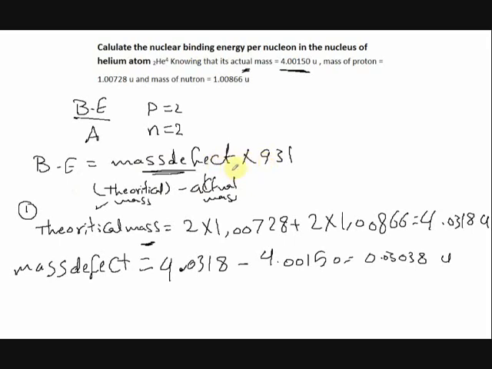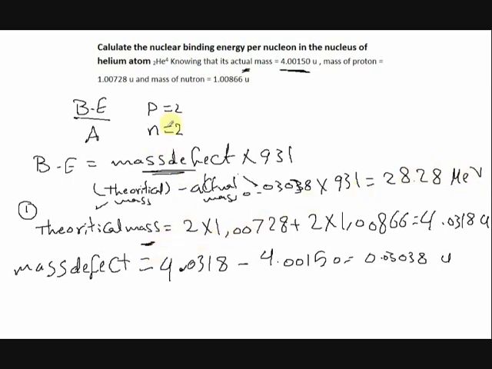Now we can calculate the nuclear binding energy by mass defect times 931. The mass defect equals 0.03038 times 931, which equals 28.28 million electron volt.